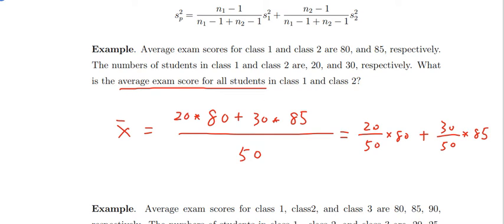So this average is the weighted average of 80 and 85.